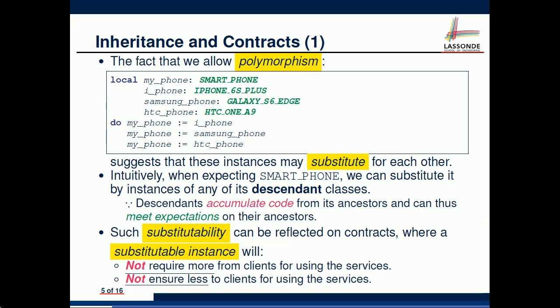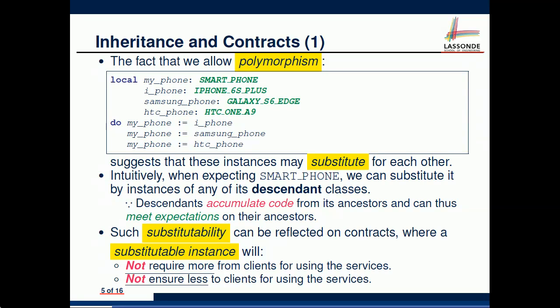For example, if I declare my phone as smartphone, can I substitute it by an iPhone 6s Plus? It depends on whether the iPhone does not require more on the input, for example battery level, and does not ensure less, let's say sending me the daily reminder. As long as it satisfies these two criteria, it's a good design. But we're going to see an example.